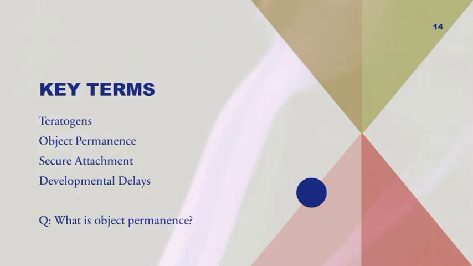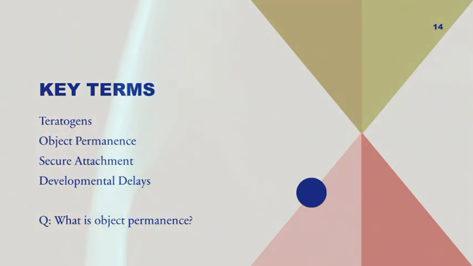Teratogens are bad. Then there's object permanence. What is that? That's the understanding that objects continue to exist even when they're out of sight, which typically develops during the sensorimotor stage of cognitive development.